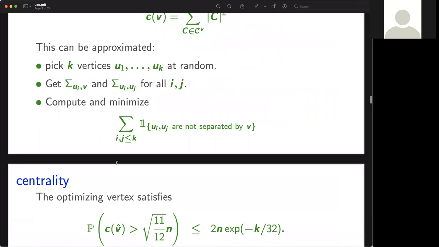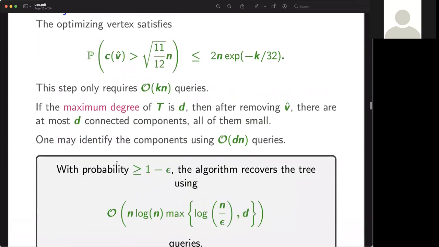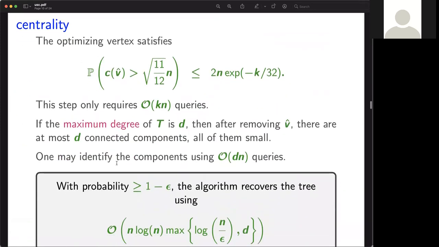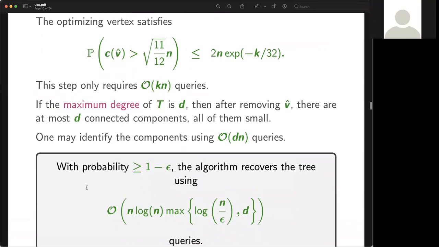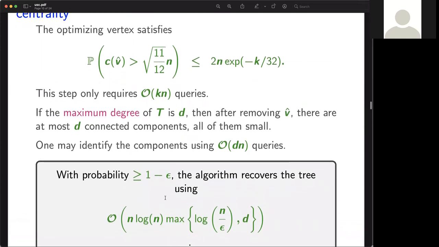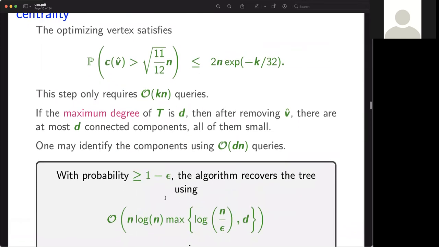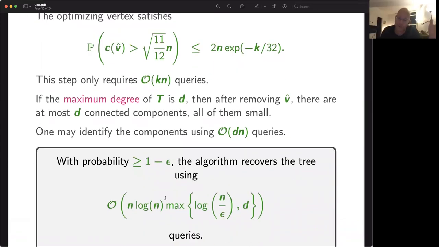And so in this procedure, we know the graph. Yes. So I'm thinking, how do you know it's connected or not?